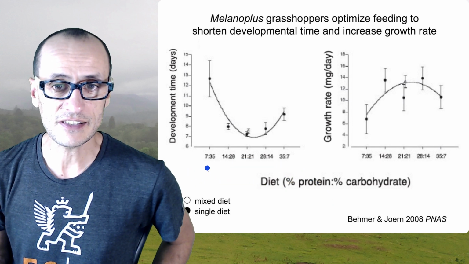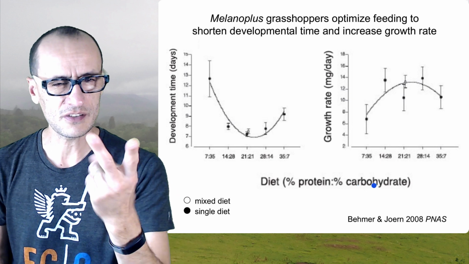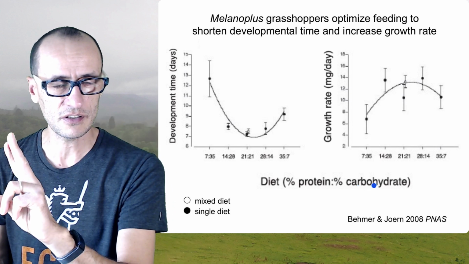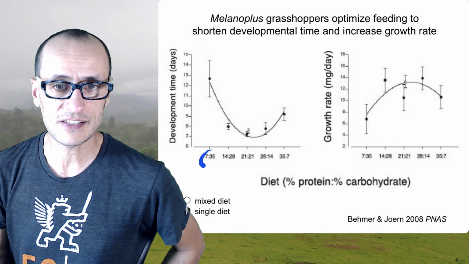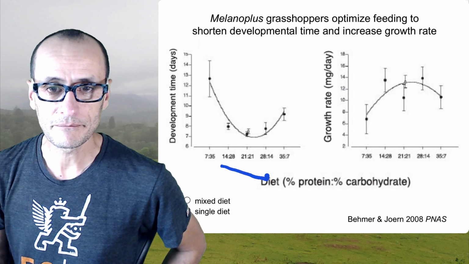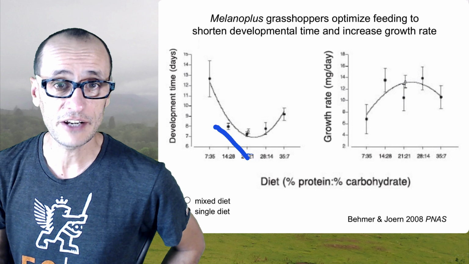Here on the x-axis is the protein to carbohydrate ratio. Now notice this is switched. It's nitrogen to carbon ratio. So out here are plants that have a 1-to-1 ratio, for example, of protein to carbohydrates.